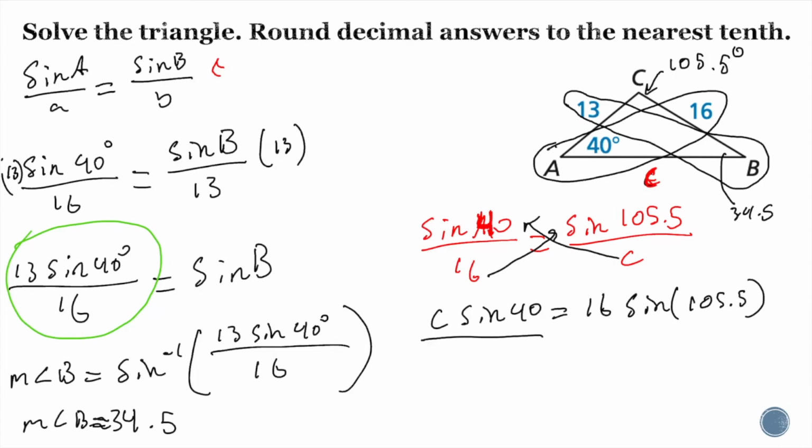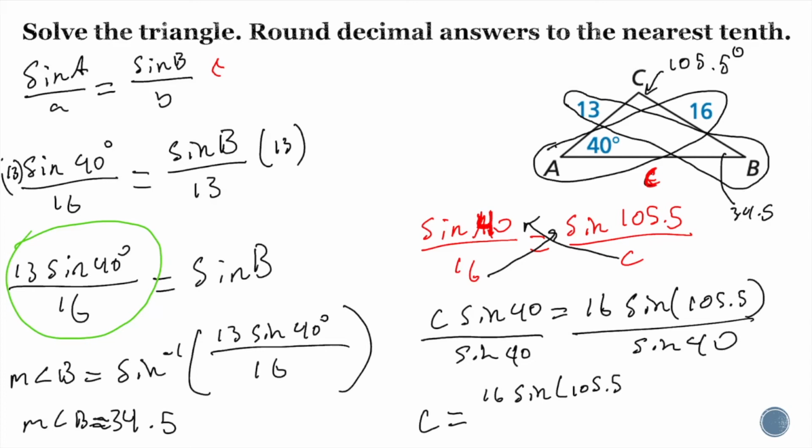Now I need to divide by sine of 40. And now I get C is equal to 16 sine of 105.5 divided by sine of 40. So notice how that's a little more algebra. It's doable, but save yourself the time and use the reciprocal of law of sines.